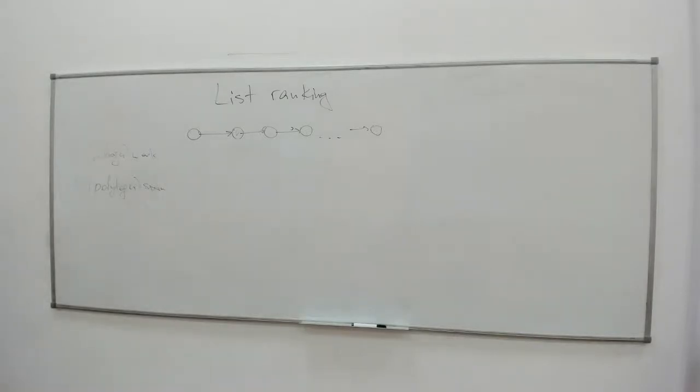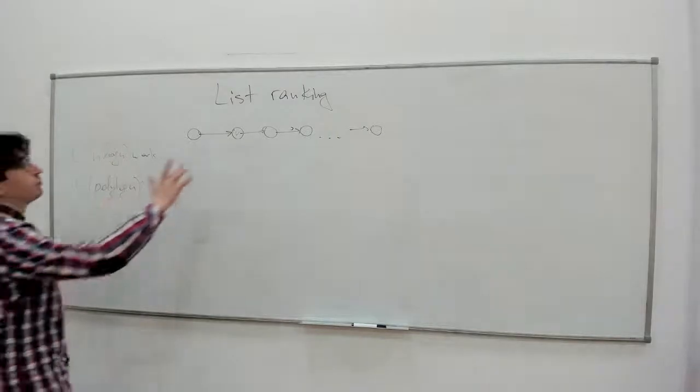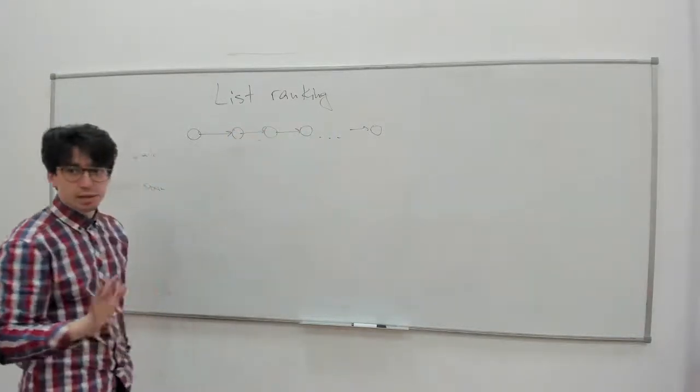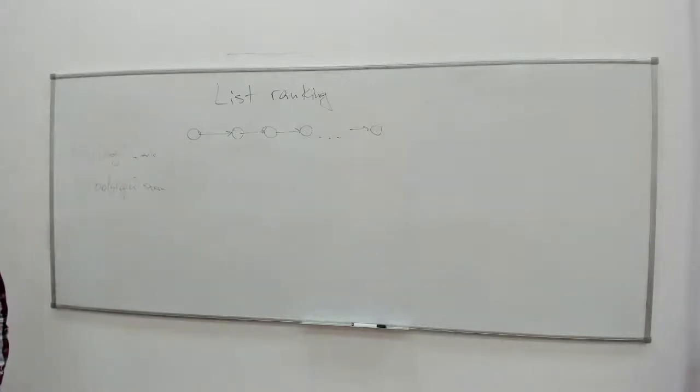Do we have only the pointer to the start? We only have the pointer to the next. That's all that we have. Yes, we have pointers to the next for each node, and we have a pointer to the start. Yes, of course.